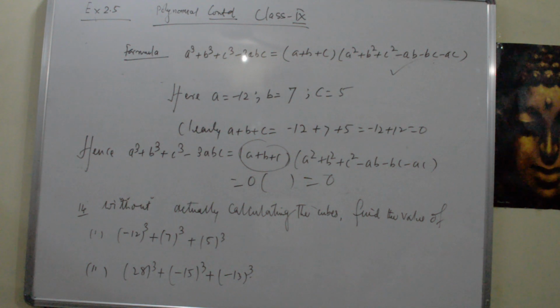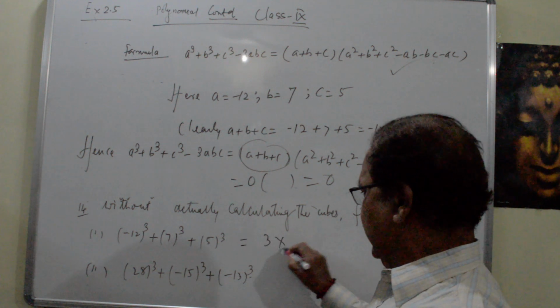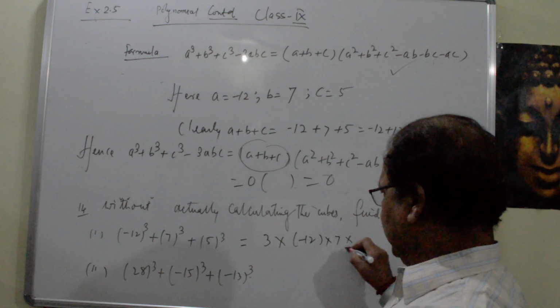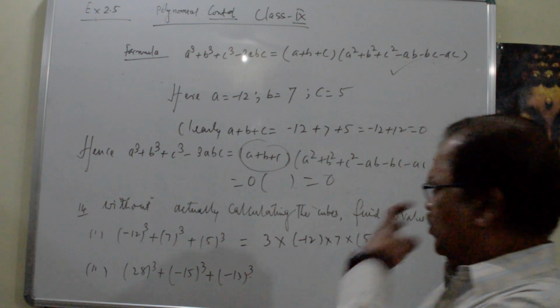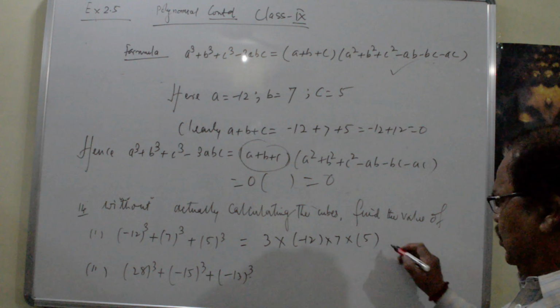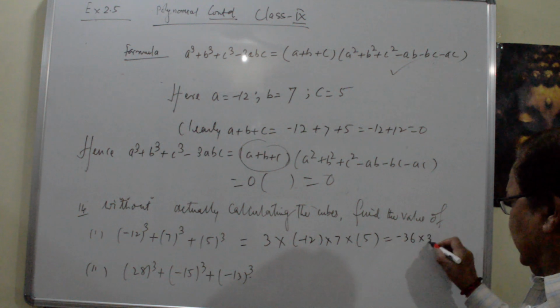Which means a cube plus b cube plus c cube is equal to 3abc, where a is minus 12, b is 7 and c is 5. So I have obtained 3abc, which is 3 into minus 12 into 7 into 5. So multiply it: minus 36 into 35.